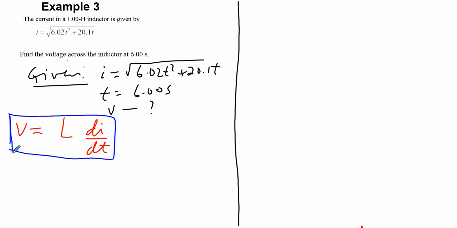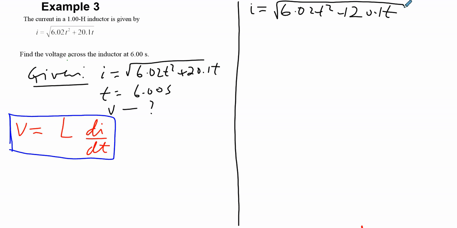We have our function I equal to square root of 6.02t squared plus 20.1t, everything under square root.